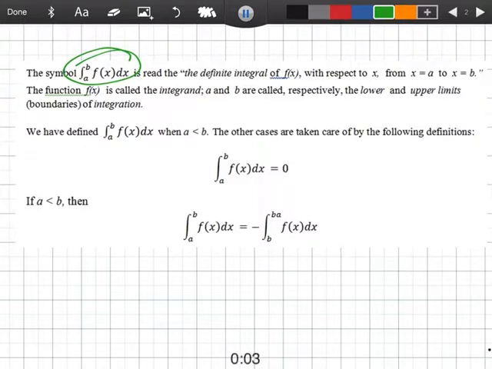But if a is less than b, which is what the definite integral really is, because a is the lower limit, then the integral of f of x dx from x is equal to a to x is equal to b is equal to the negative of, class, I made a mistake here, there should be no b here at the top. So we erase that.